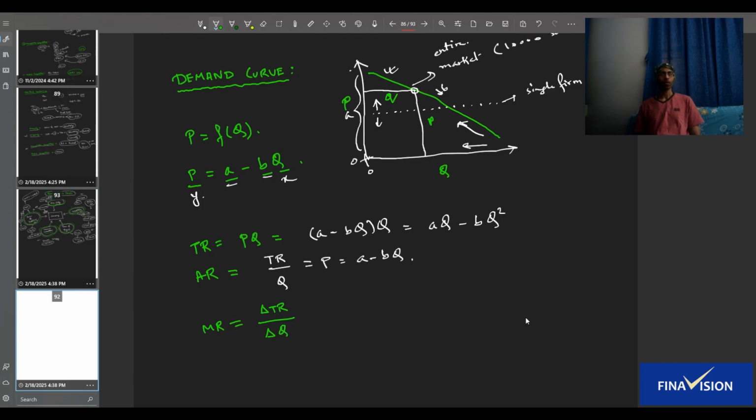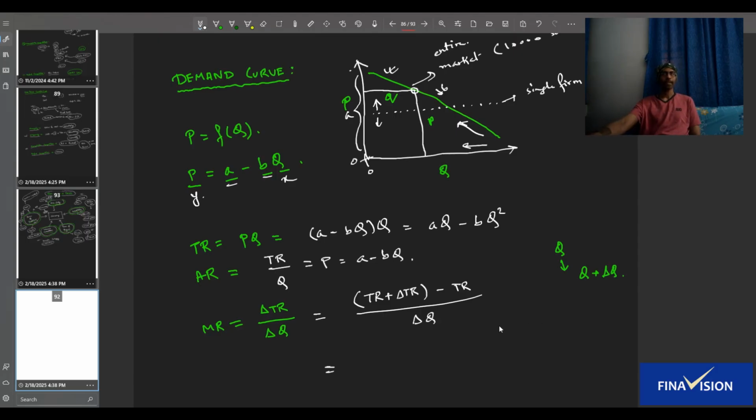So let's say the initial quantity was Q. It changed a little bit and became Q + del Q. So this is the final revenue, which is total revenue plus the change in revenue, minus the initial revenue, right? Divided by the change in demand or quantity.